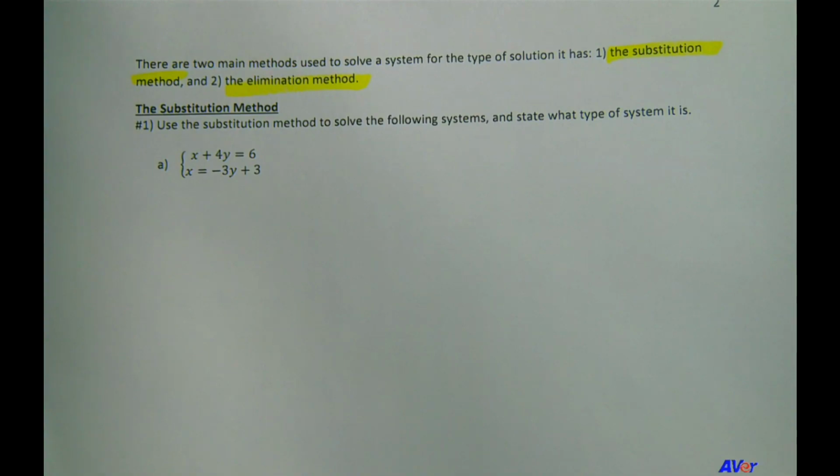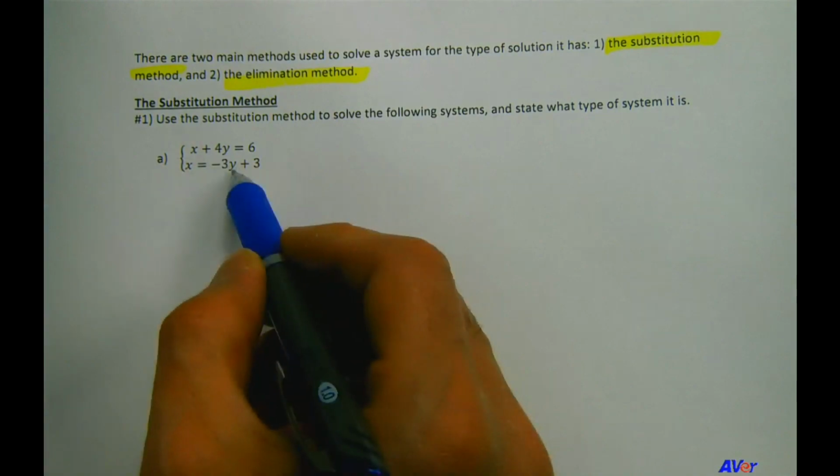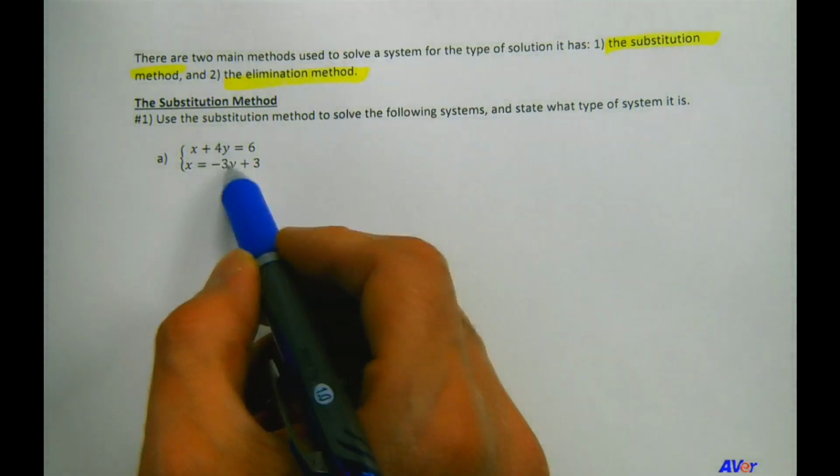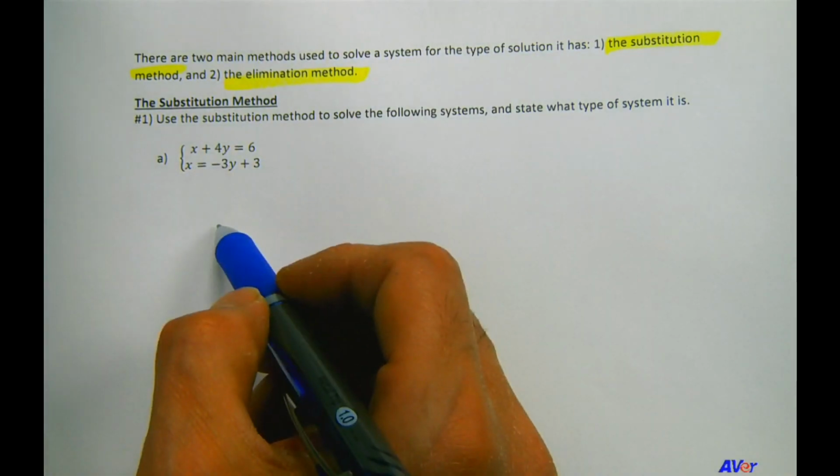All right, so how does the method of substitution work? The best way to demonstrate this is to just go ahead and show an example. The first thing you should make sure is true is that both of these equations must be set up such that the variables are on the left and the constants are on the right.